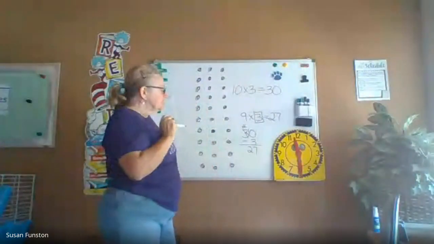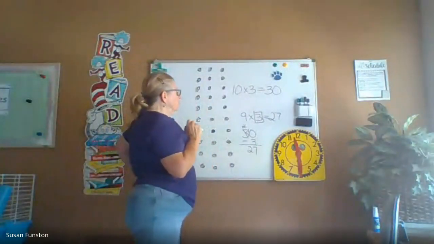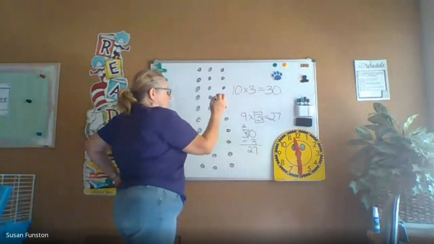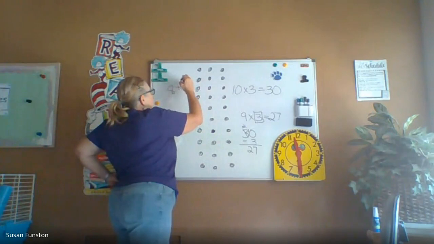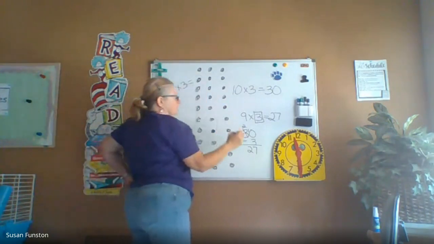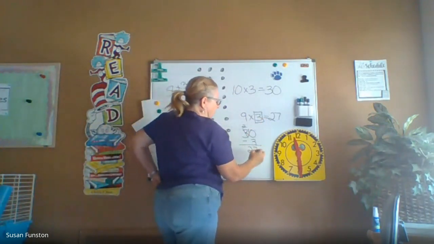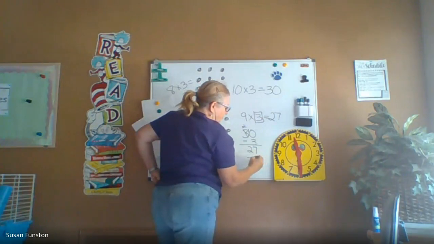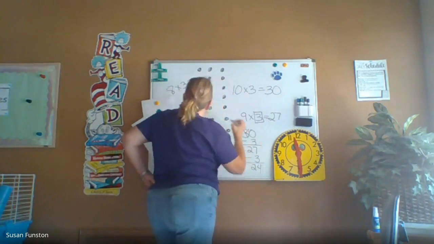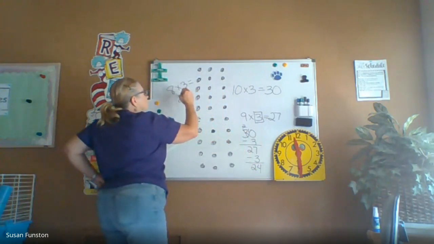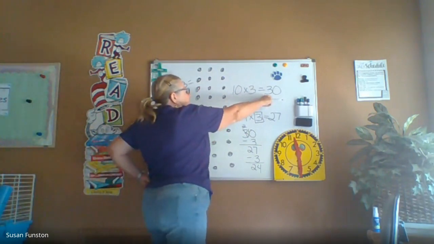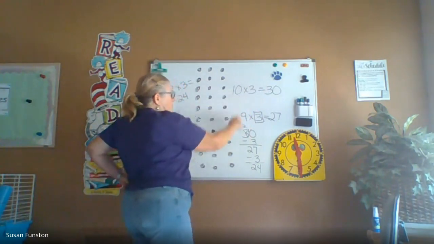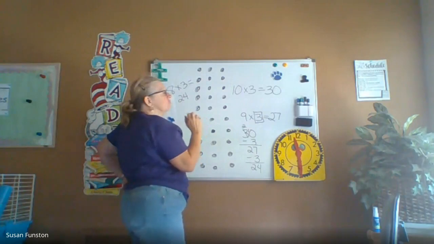Okay, let's use what we just did to find an answer to 8 times 3. 8 times 3. I'm going to need 1 less 3 than I had here. So I can subtract 3 again and get 24. Or I could have started here at 30 and said, well, 8 is 2 less than 10, so that's 2 groups of 3 less.